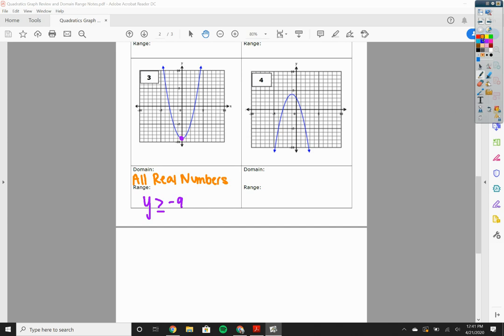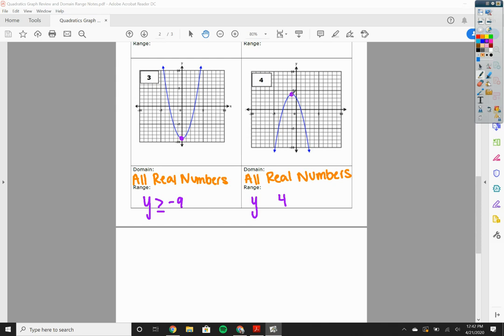And last, number 4, domain again, all real numbers. And our range, our vertex is right here at 1, 2, 3, 4. So we know we're going to have a y and a 4.